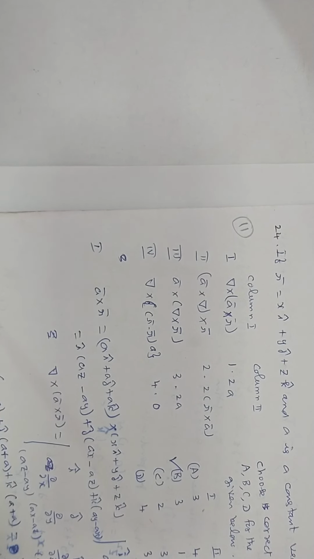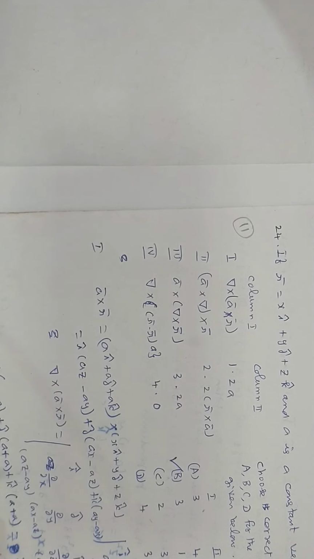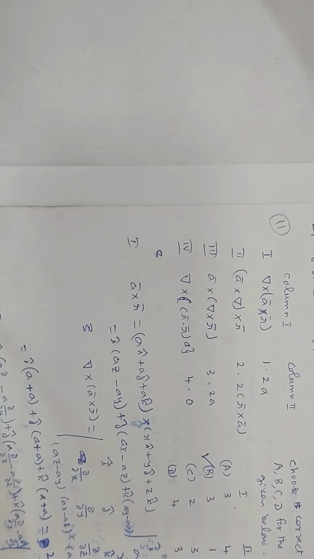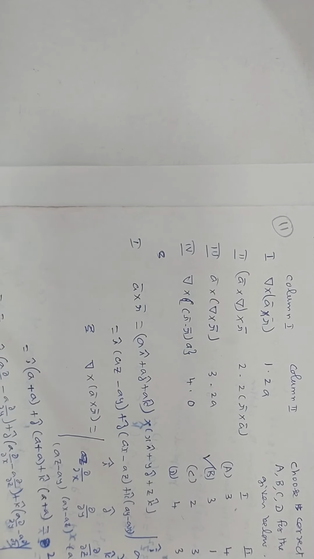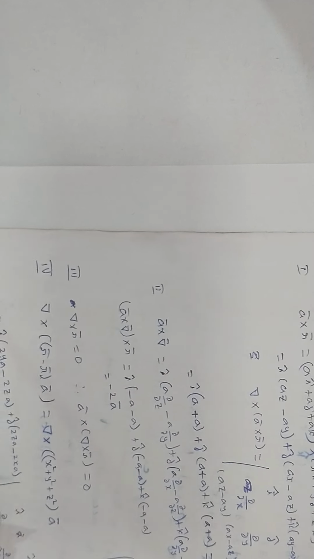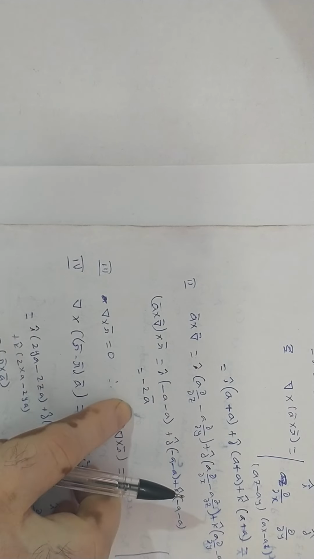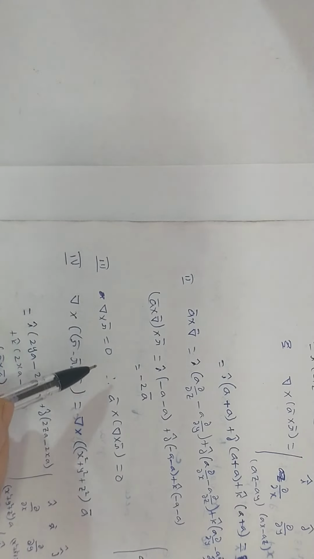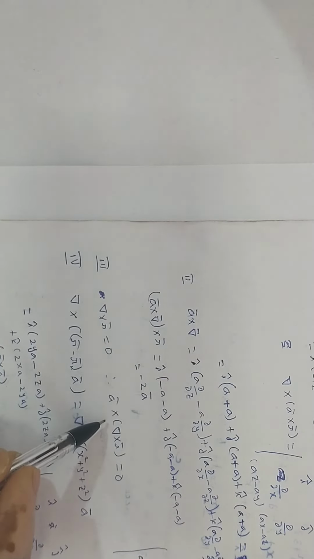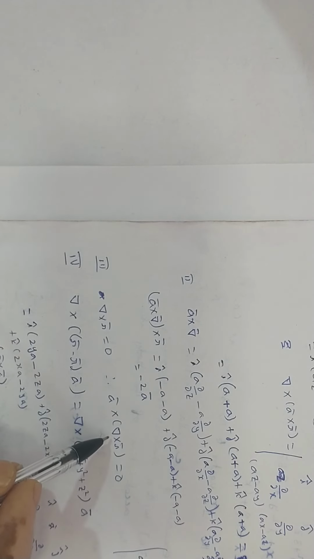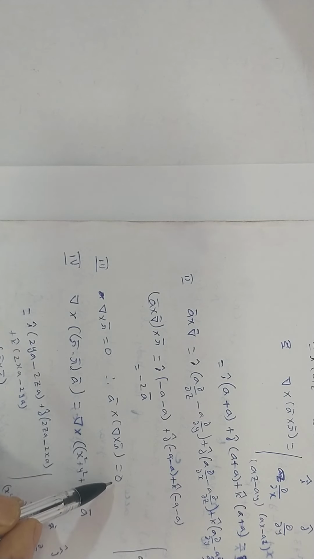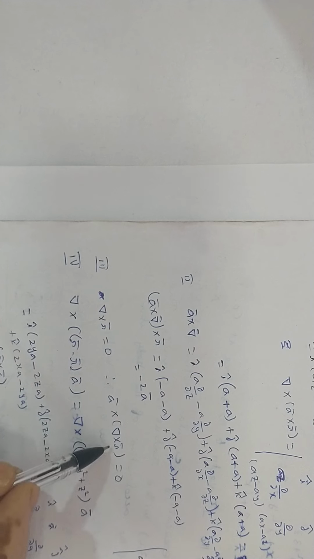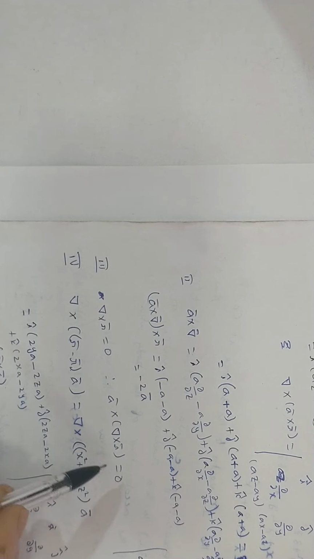and you find this is equal to 2a. Similarly, find a cross del cross r, and if you do this, you will get minus 2a. If you find curl r is equal to 0, then a cross del cross r is 0, because del cross r is always 0, so therefore this is 0.